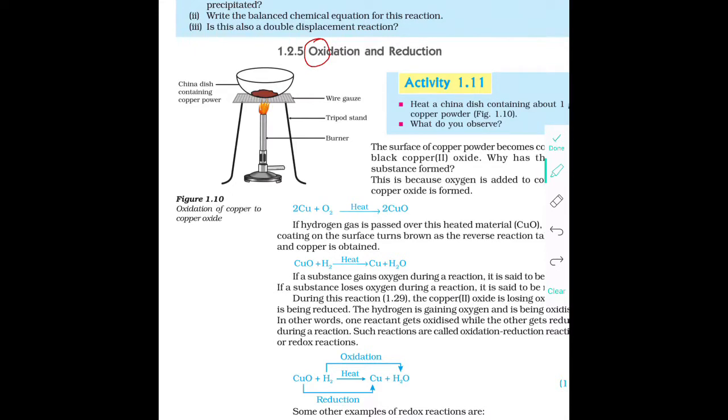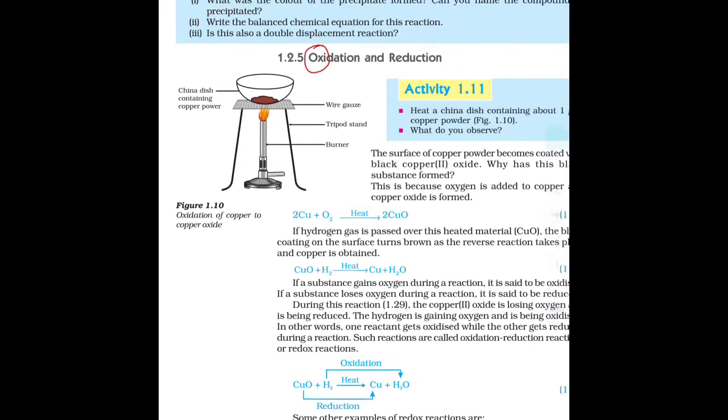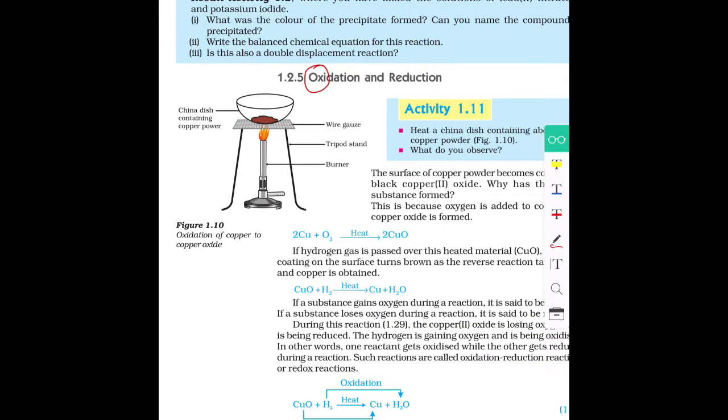What are oxidation and reduction reactions, and on what bases can we identify whether a reaction is an oxidation or a reduction reaction? Let us begin with an activity and understand the example.